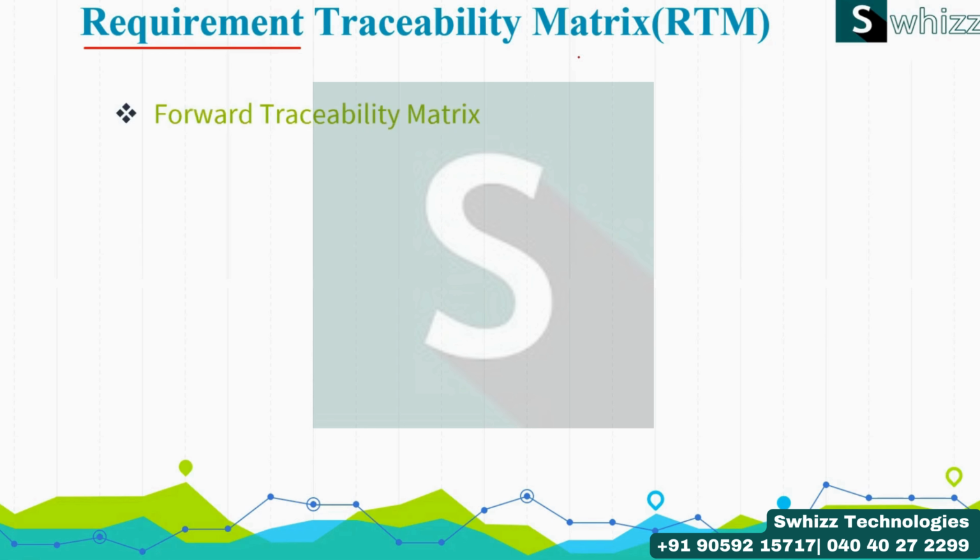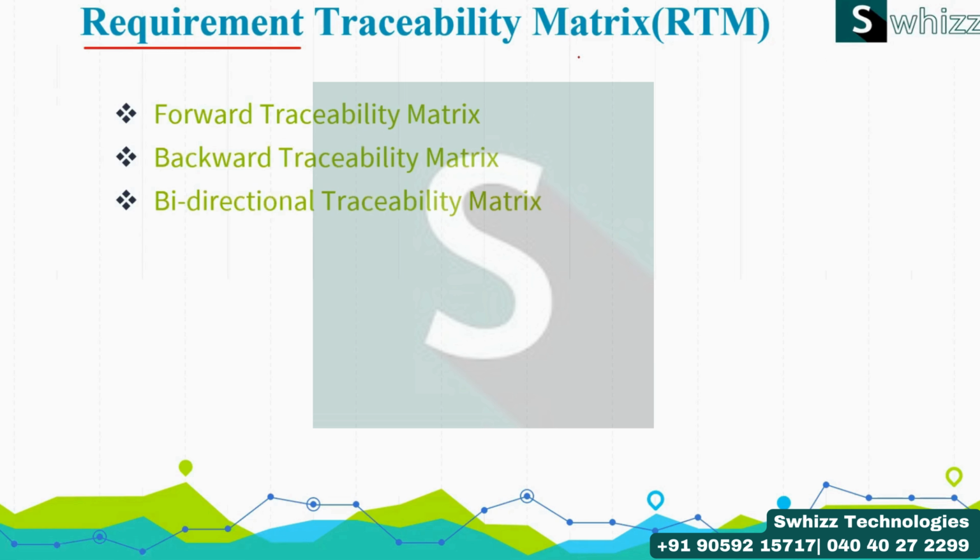So there will be different matrices: forward traceability matrix, backward traceability matrix, and the bidirectional traceability matrix. Okay, all of these are documents only.